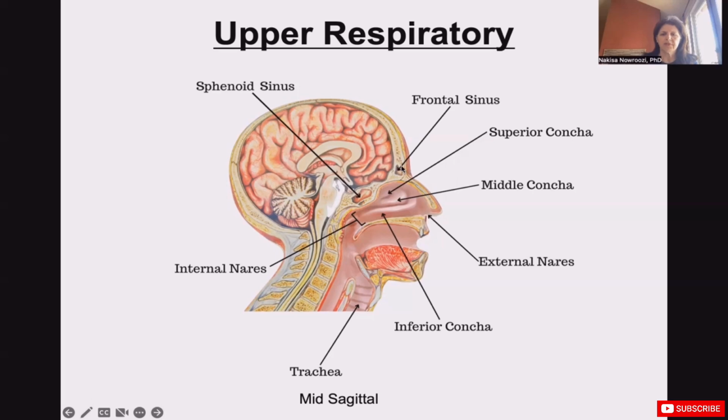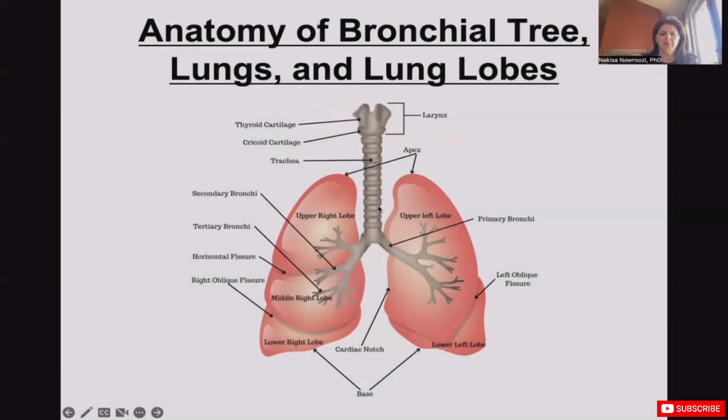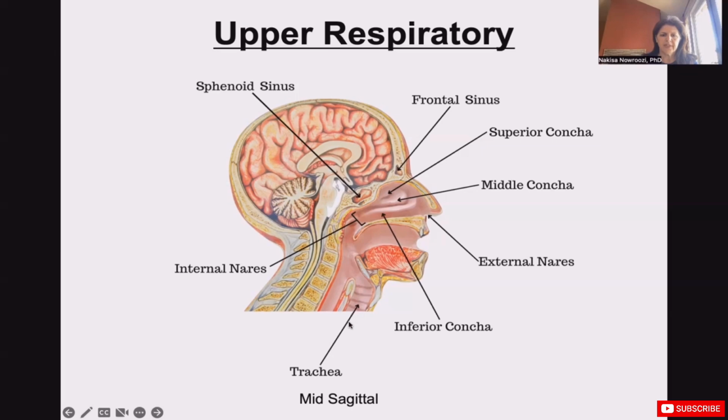Here we are also seeing the frontal sinus and sphenoid sinus, these spaces that are important for speech also, for the sound that comes out of our mouth. From this area, trachea, we're coming down to get to the lungs, but right now we're going to cover the beginning of trachea.